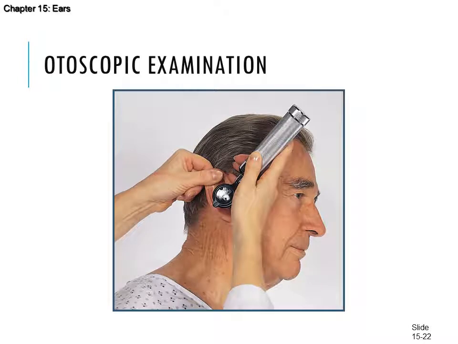Now, if we use this piece of equipment, we have to hold it the appropriate way. So we're going to hold it depending on the ear we're in, upside down to help us. And it's very sensitive inside the ear, so you don't want to stick the otoscope in the ear too quickly to cause potential problems.